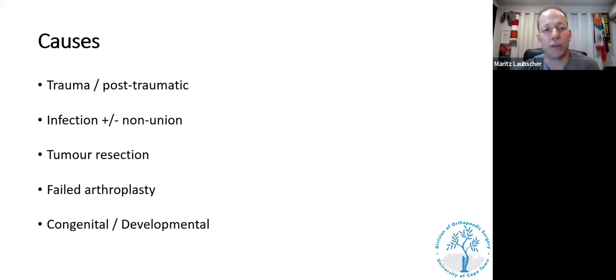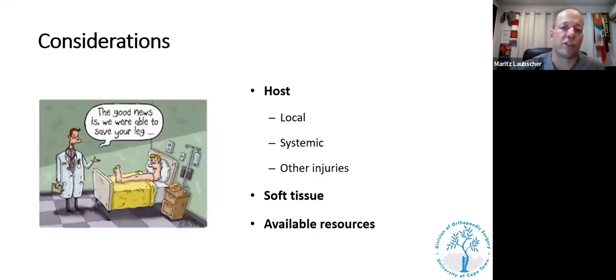And there's, of course, many different traumatic causes for the defects: traumatic, post-traumatic infection or non-union, post-tumor resection, failed arthroplasty, or some congenital cases. So just a few broad considerations. You should always think of your host, both the local situation of the limb involved, as well as systemic involvement and other injuries.